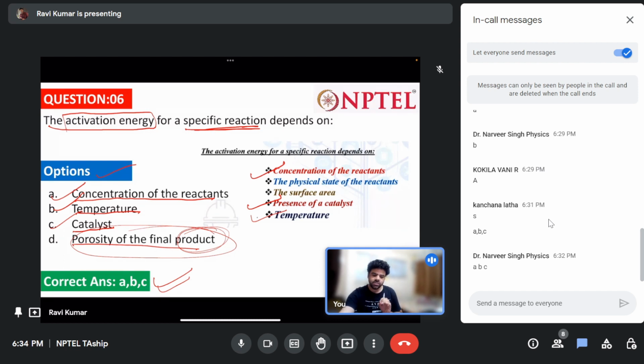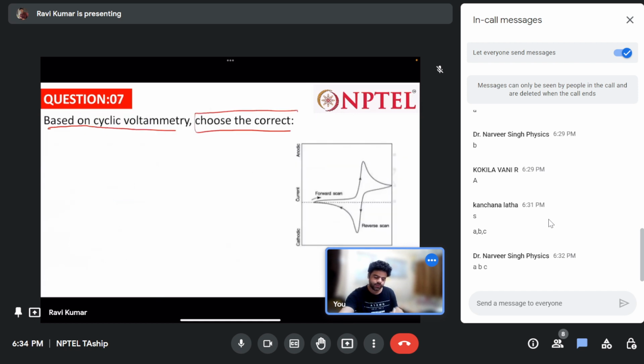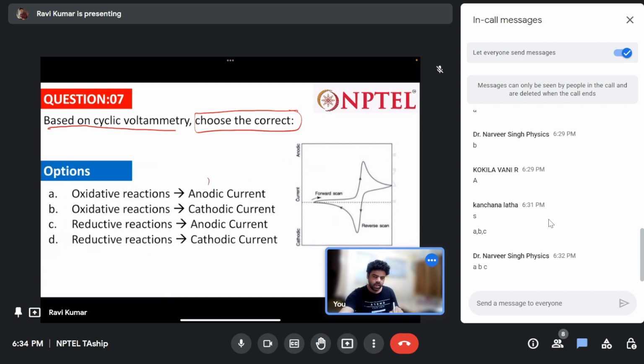This question is very simple if you know the graph of cyclic voltammetry, or if you have any idea about electrochemical reactions. It says based on cyclic voltammetry, choose the correct. These are the options: oxidative reaction takes place, or anodic current takes place due to oxidative reaction; cathodic current takes place due to oxidative reaction; or anodic current takes place due to reductive reaction; or cathodic current takes place due to reductive reaction.